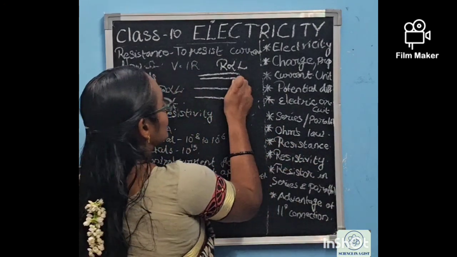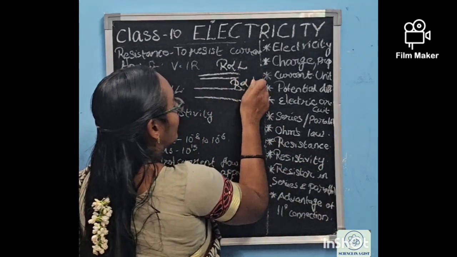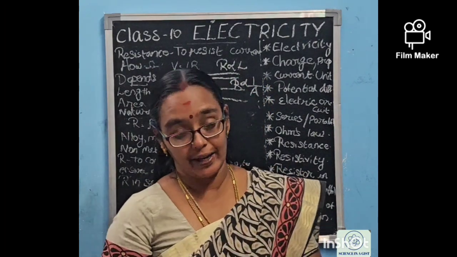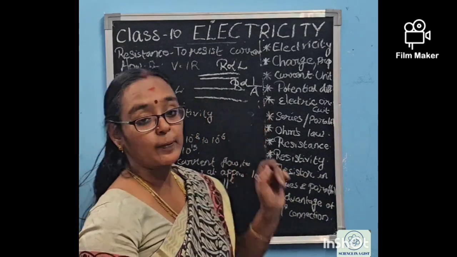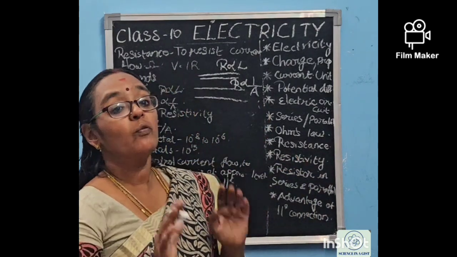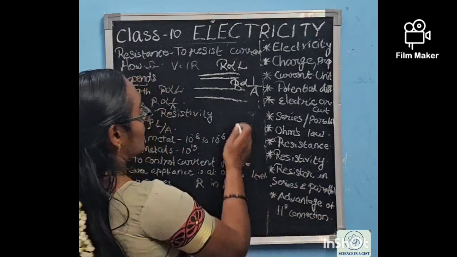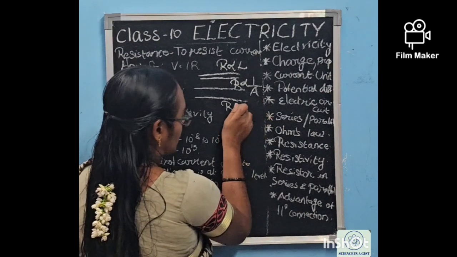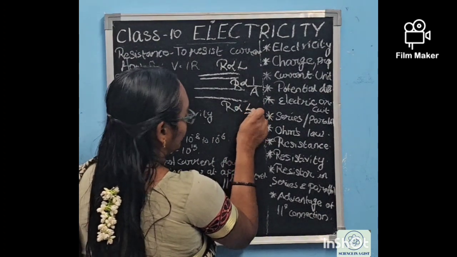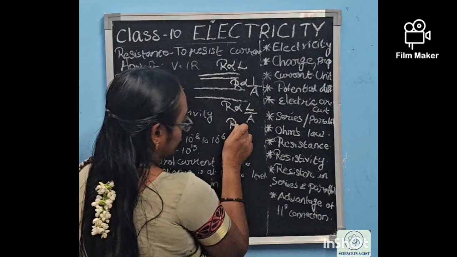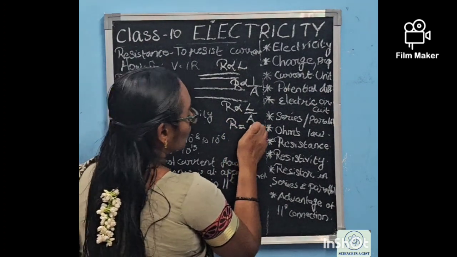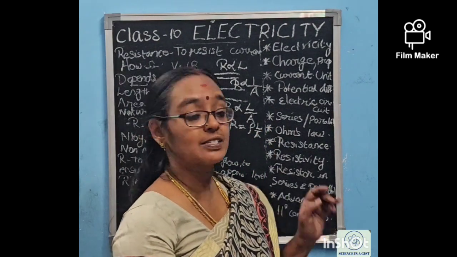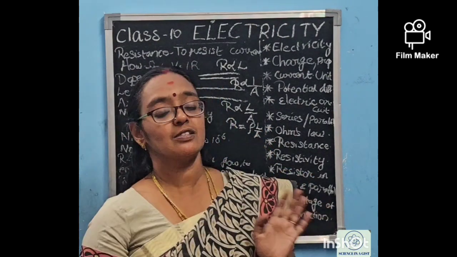So R is inversely proportional to A, or in other words, we can say R is directly proportional to 1 by A. So we can conclude R is proportional to L by A. So R is equal to rho L by A, where rho is a constant and we call it resistivity.